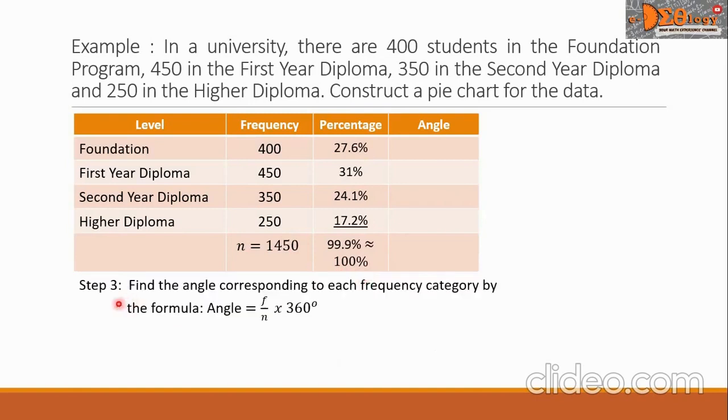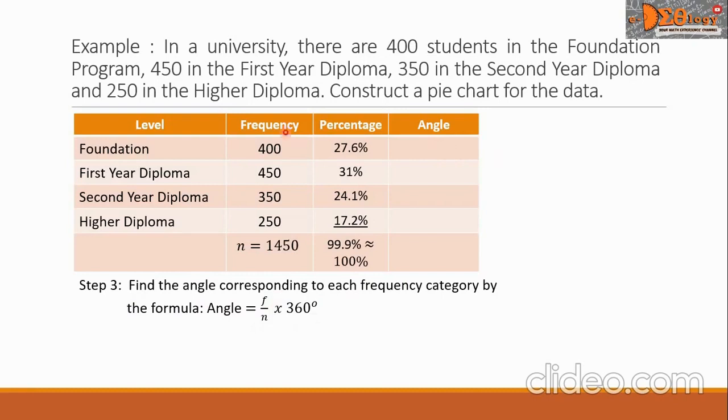Now, let us go to step 3. Find the angle corresponding to each frequency category by the formula angle equals F over N times 360 degrees. Let's begin with the first blank here.